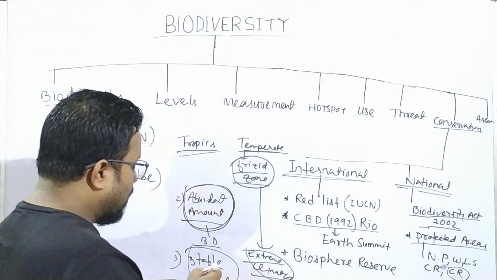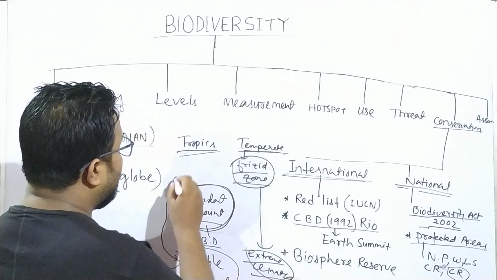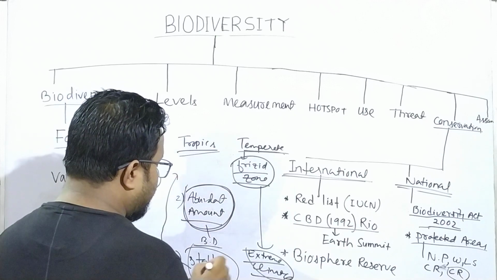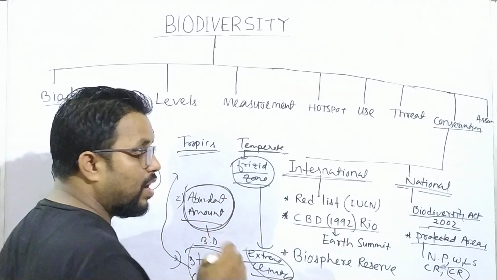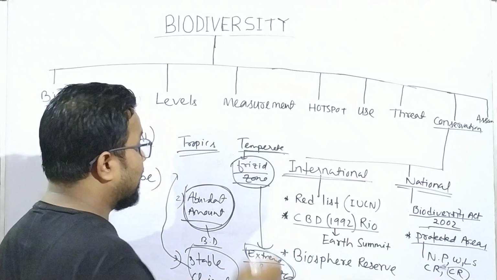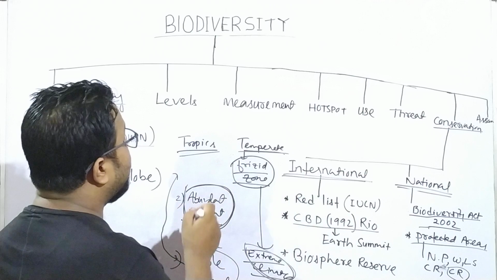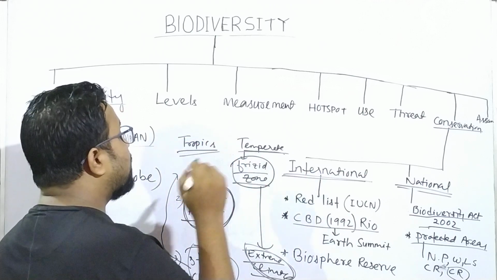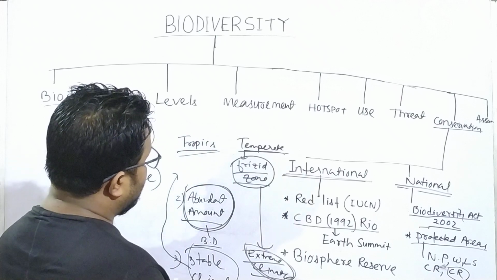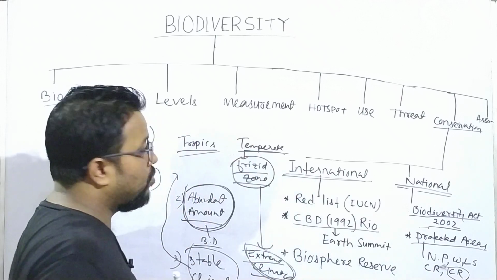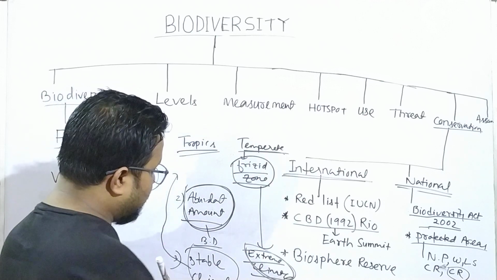Stable climate is the favorable condition for biodiversity, for flora and fauna, and extreme climate is not a favorable condition for flora and fauna. That's why we find maximum biodiversity in the tropic region, and in the temperate region we find less or minimum biodiversity.